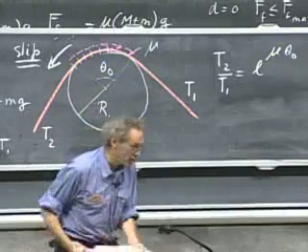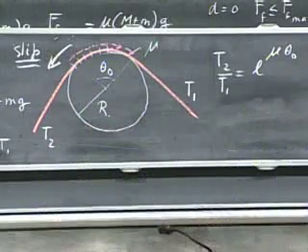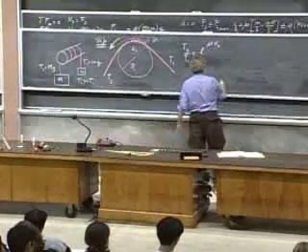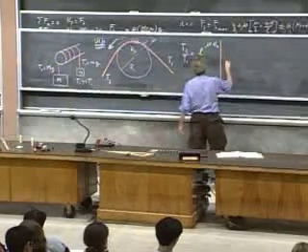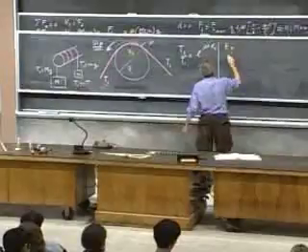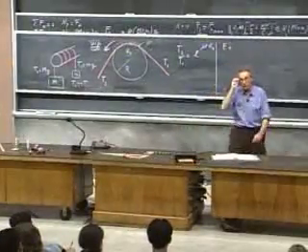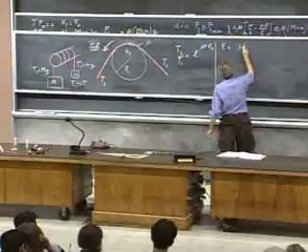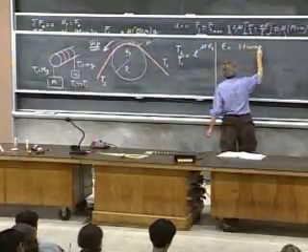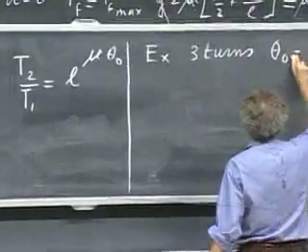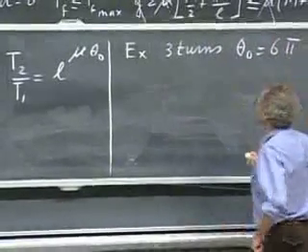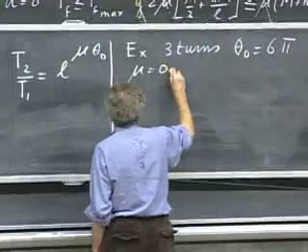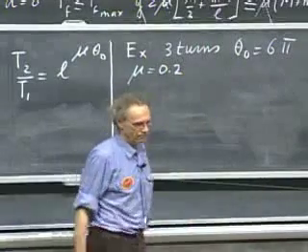And so now let's put in some numbers so that we get an idea of what we gain. Let us take, let's say, 3 turns. We wrap the rope around 3 times. So 3 turns means theta 0 equals 6 pi. And let the friction coefficient mu be 1/5, 0.2.